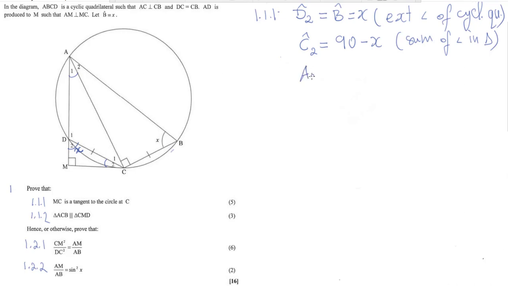According to the sum of angles in a triangle, this will be 90 minus X. Okay, so this angle will be 90 degrees minus X. Very important to write any angle that you get. Okay, so now let us look at this again. What will be this angle now?